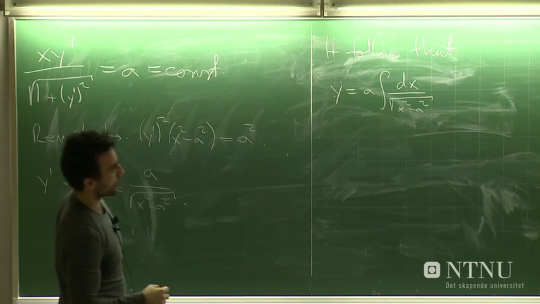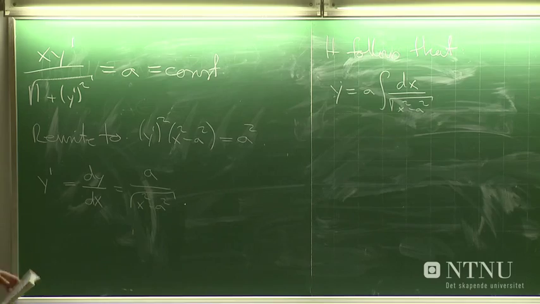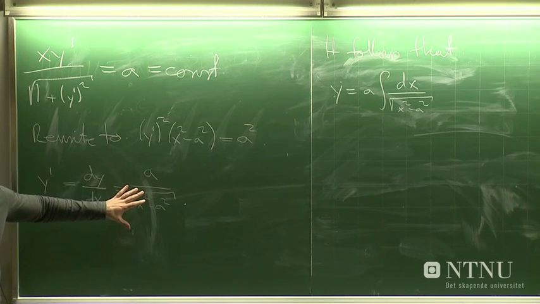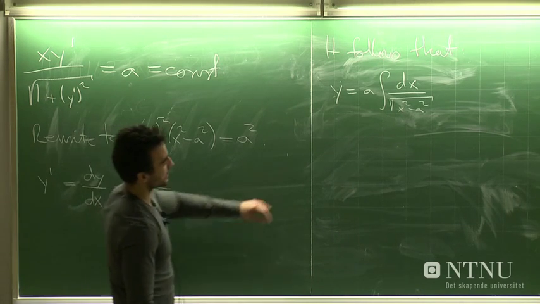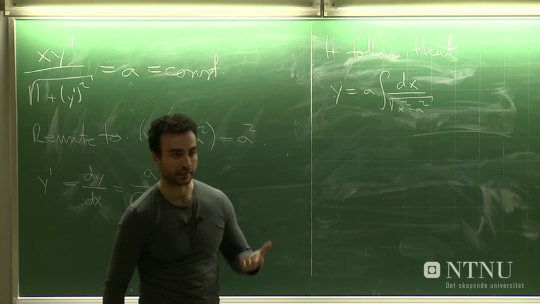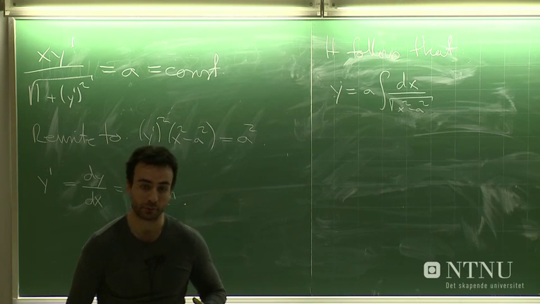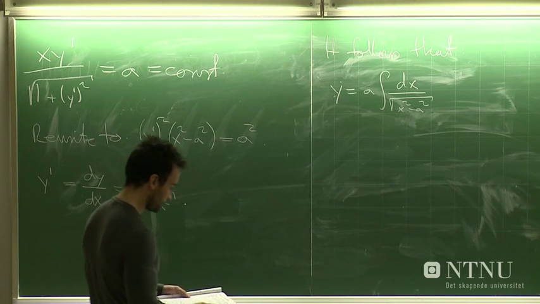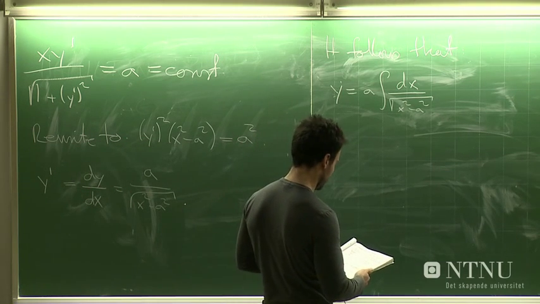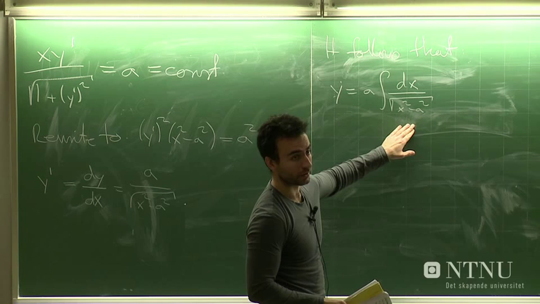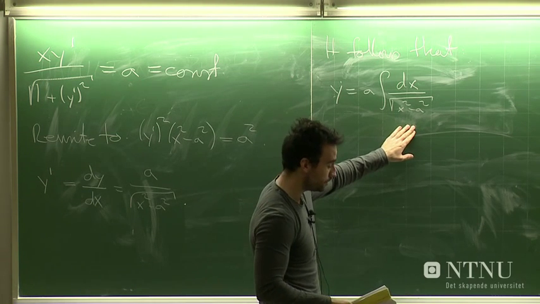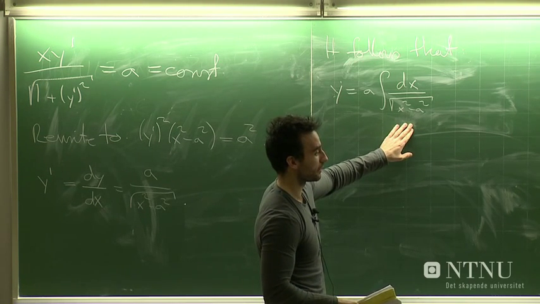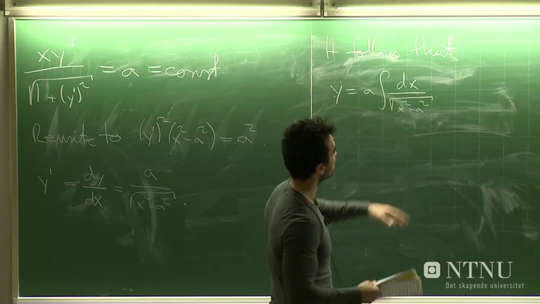So it follows that y has to be the integral over this equation. And I'm not attaching any limits for now, so we have to keep in mind to bring an undetermined constant along with us. This is a standard integral, which you can look up in any mathematical collection of formula.